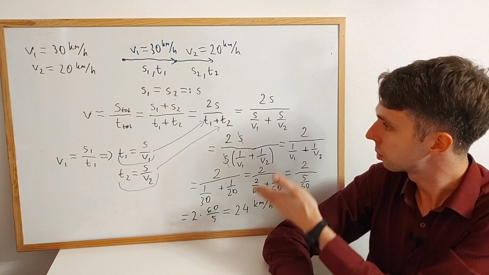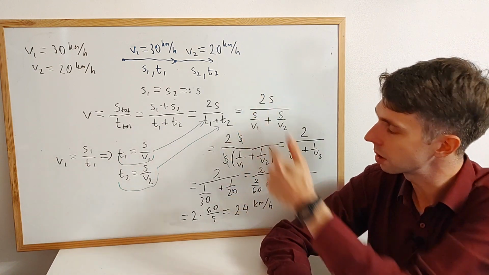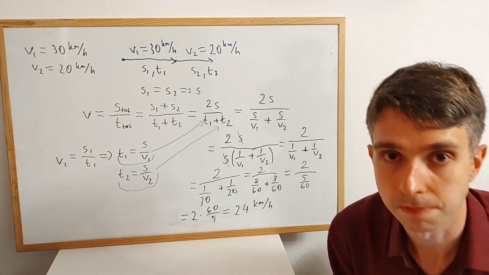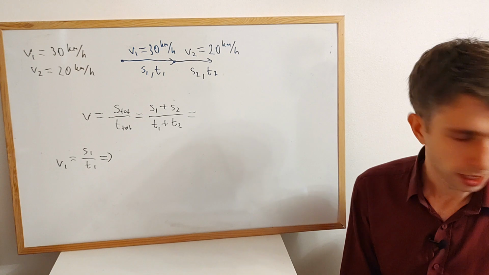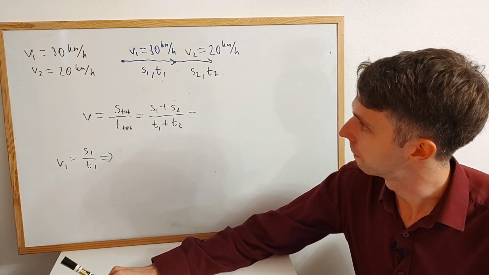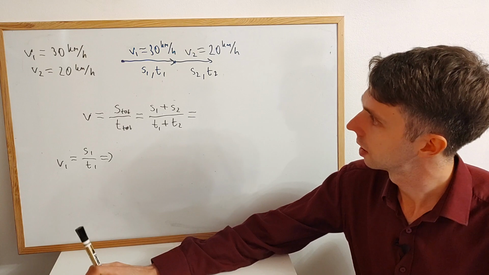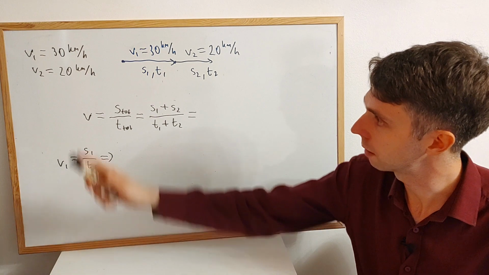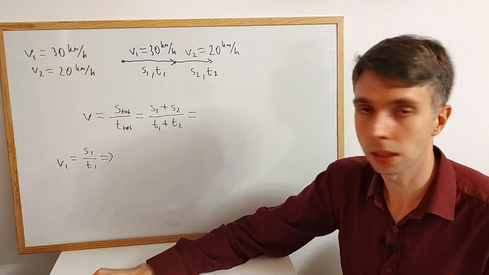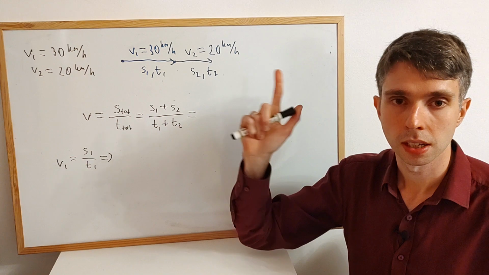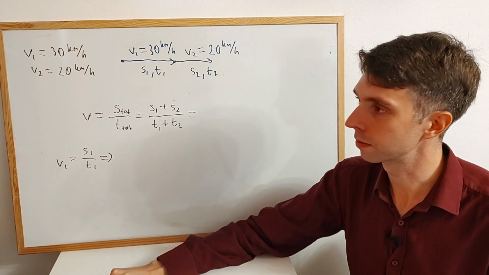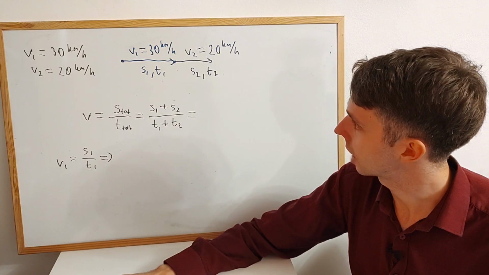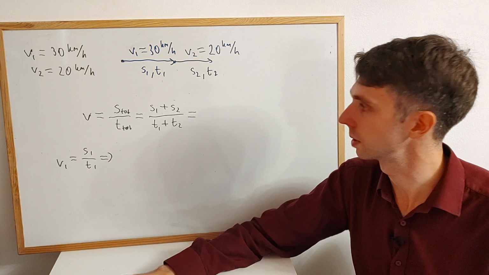So now let's see in which case we will obtain the expected 25 kilometers per hour. So let's say again the biker is riding a bike, and the first part of his trip he covers with average speed 30 kilometers per hour, and this is half the time of his trip, and then for the other half of the time he rides with average speed 20 kilometers per hour.